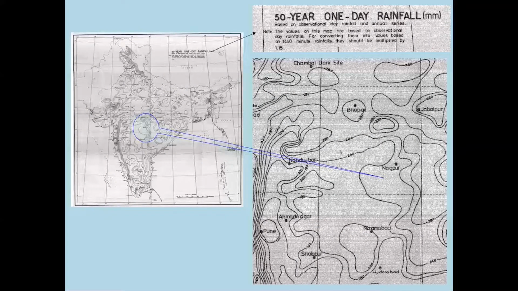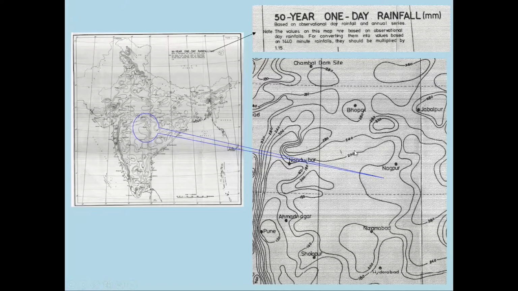Now for this area, I have used the All India map to find out the 24 hours rainfall. This is by the latitude and longitude. You will find out where the place of the bridge is. As per that bridge, you can see these values of the isopluvial maps. One value is 200, another is 280.